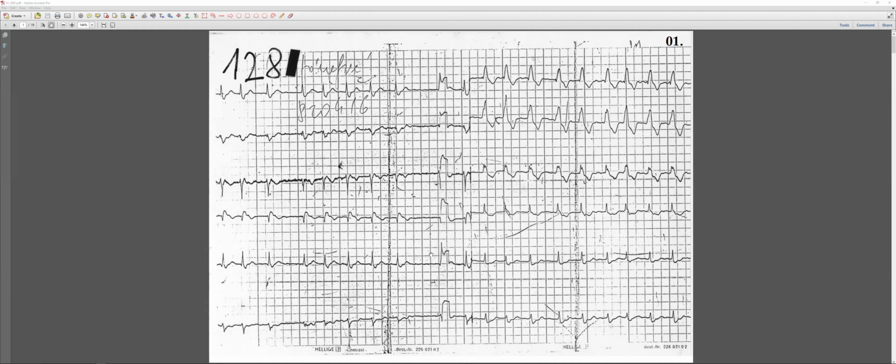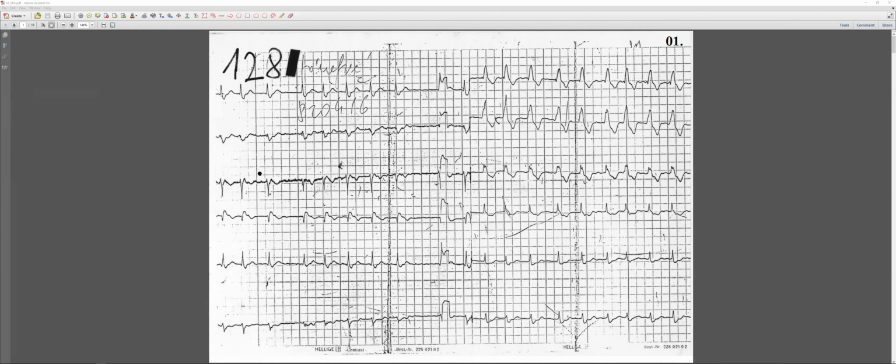Next will be the axis. So lead one is positive. AVF... So I'm assuming this is lead one. Lead one is up on the left side.